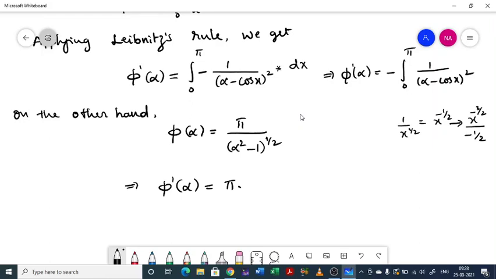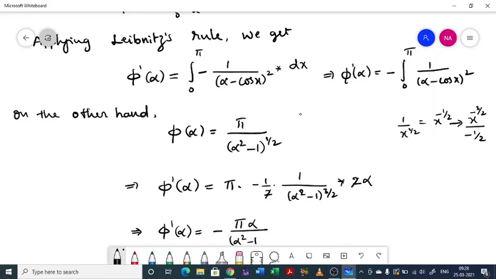So it will be minus 1 by 2 into alpha square minus 1 whole power minus 3 by 2. But if you take that term to the denominator, it will be alpha square minus 1 whole power 3 by 2 into derivative of this inner function 2 alpha. So this 2 cancels with this. So we got phi dash of alpha equal to minus pi alpha divided by alpha square minus 1 whole power 3 by 2.